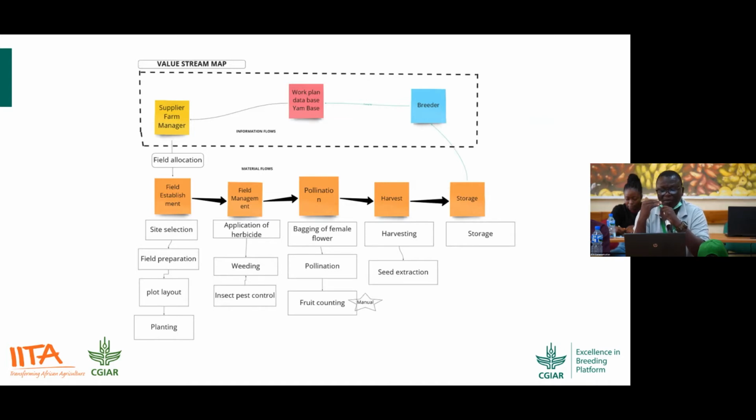Field establishment, field management, pollination, harvesting, and storage are the things that we consider under the material flows. Site selection, field preparation, plot layout, and planting are the processes under field establishment. So it goes for field management, pollination, harvesting, and finally the storage.